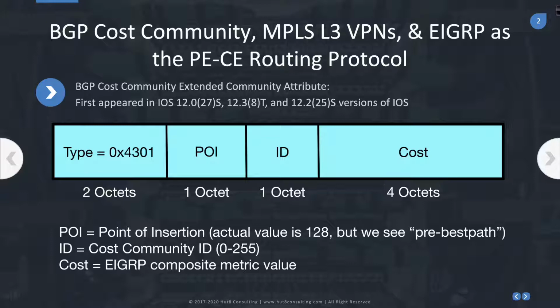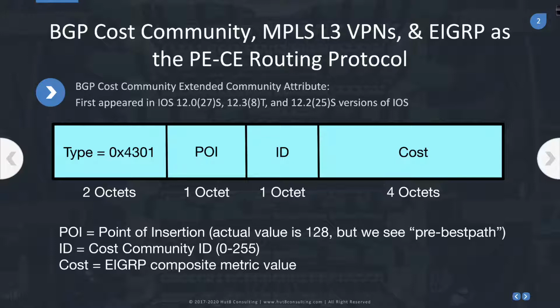Now, the BGP Cost Community is made up of the values you see here in this diagram. The first value is simply the type, which identifies this extended community as the BGP Cost Community. Next, we have the POI, or Point of Insertion.